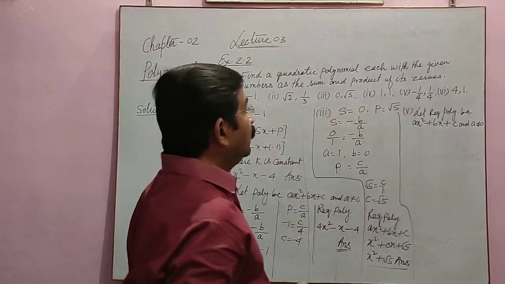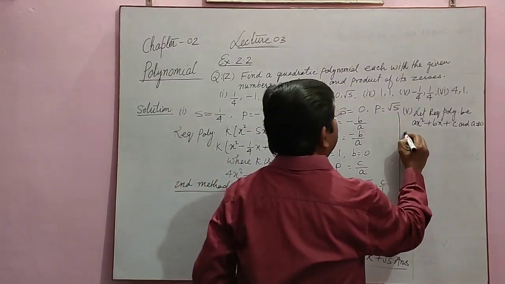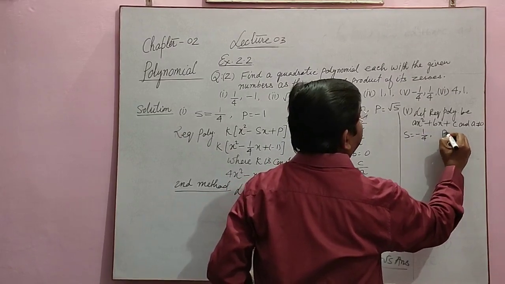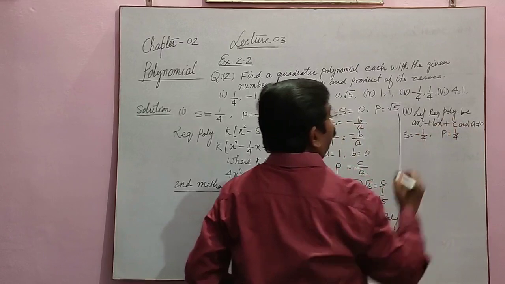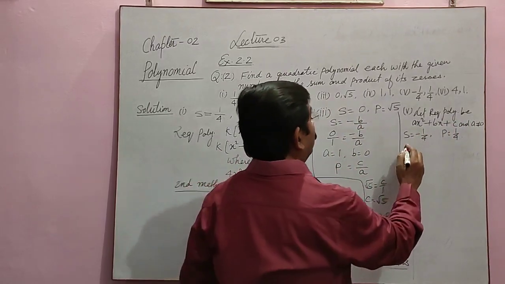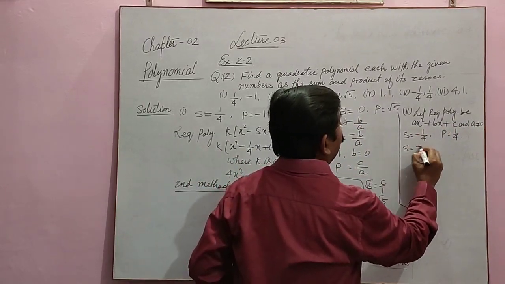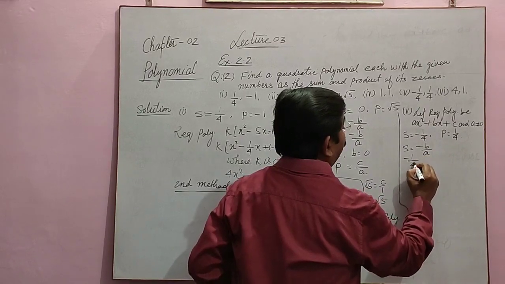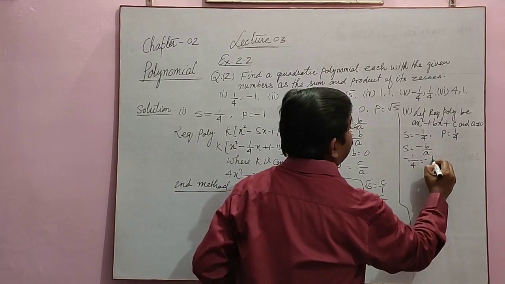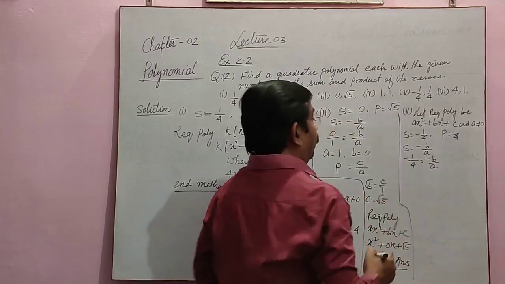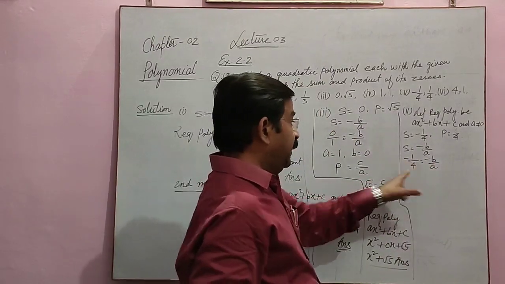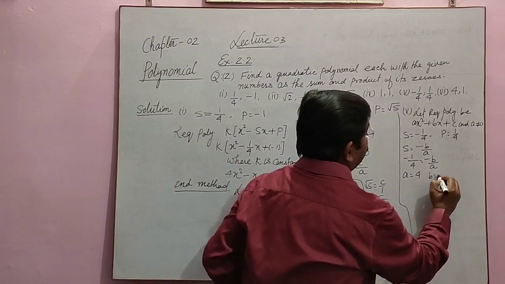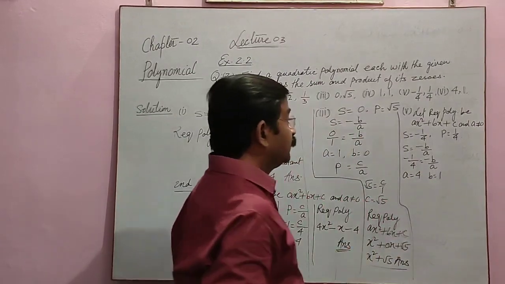So here in the fifth part, s is given as minus 1 upon 4 and p is given as 1 upon 4. Using this formula, s is equal to minus b upon a, this is minus 1 upon 4 is equal to minus b upon a. Minus and minus cancelled. A is equal to 4 and b is equal to 1.